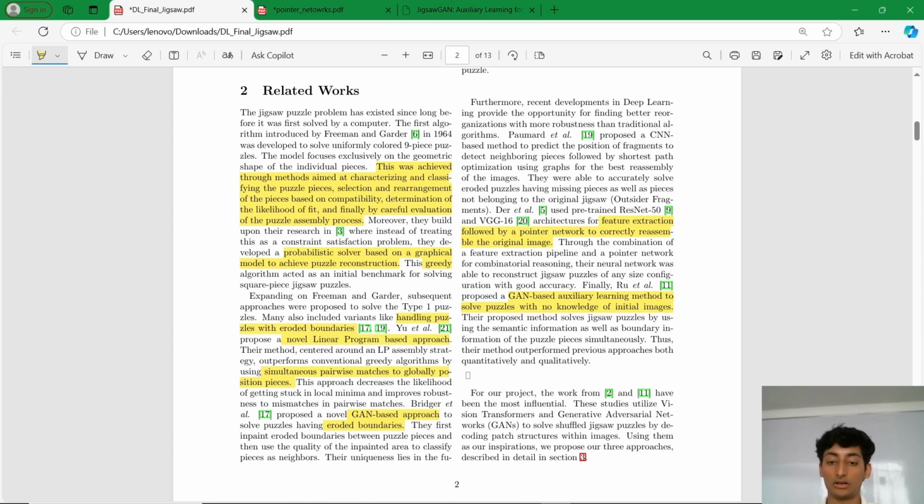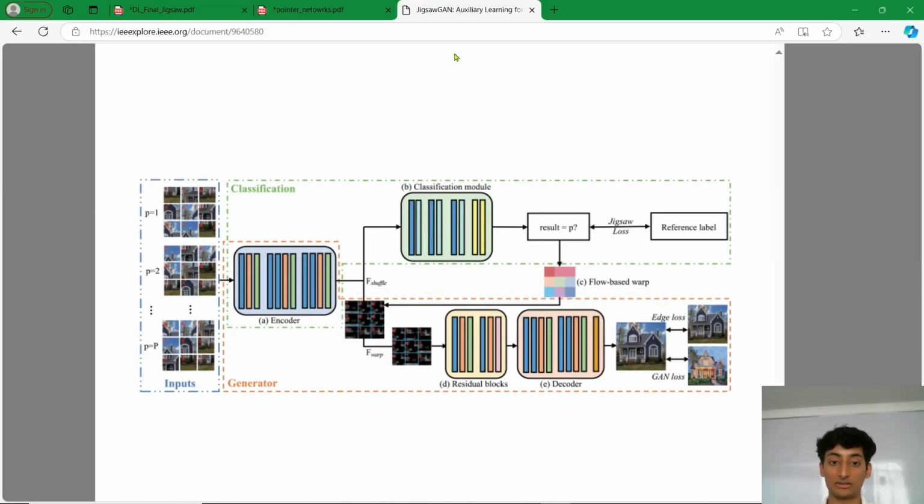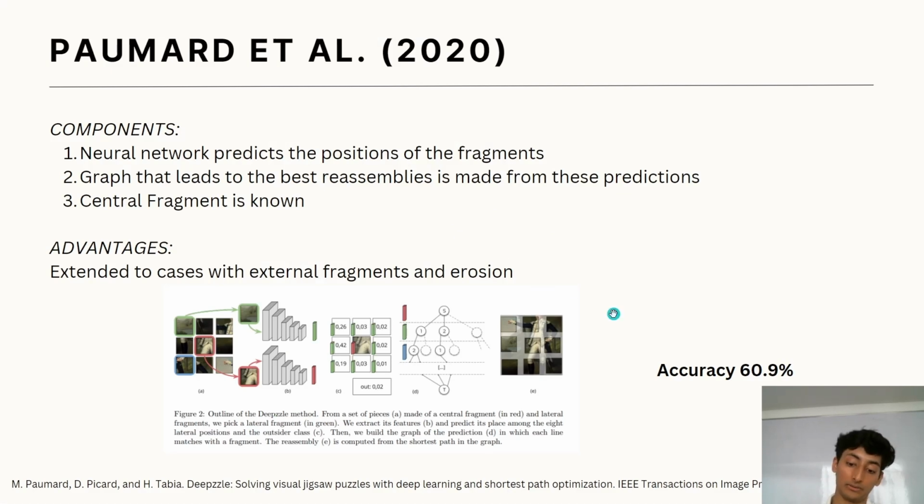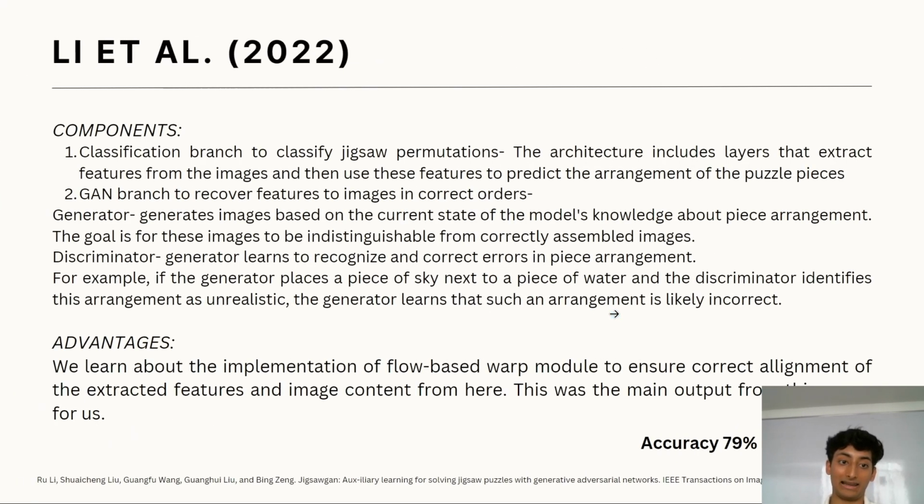There's also interesting work that inspired us a lot in the project that we did, which was this particular paper. I'll show you the paper. It's by Lai et al.